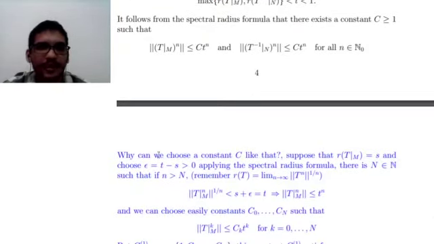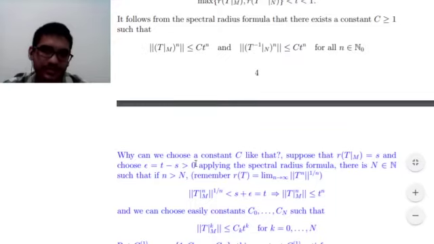So now, why can we choose a constant C like that? Well, by the spectral radius formula, but how? Suppose that the spectral radius of T restricted to M is equal to S, and choose epsilon equal to t minus S greater than 0.